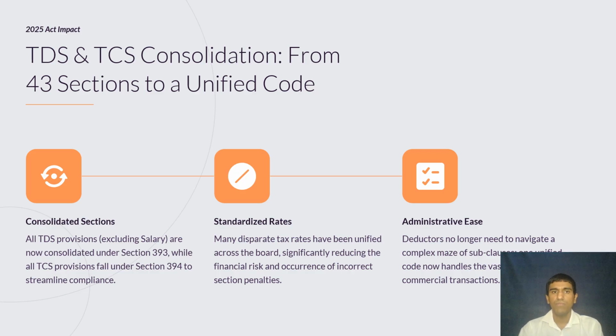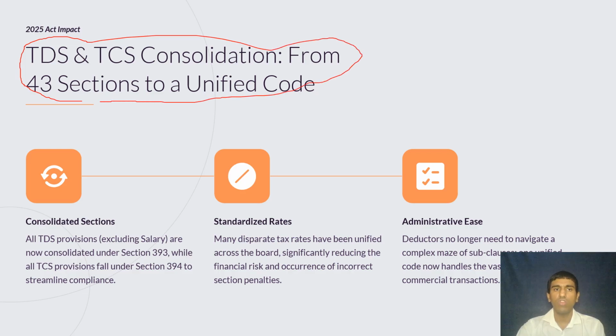Then another impact of the new act is TDS TCS consolidation. Under the old act, there were plenty of TDS TCS provisions, like provisions for each and every sort of transaction on which TDS or TCS was deducted or collected.